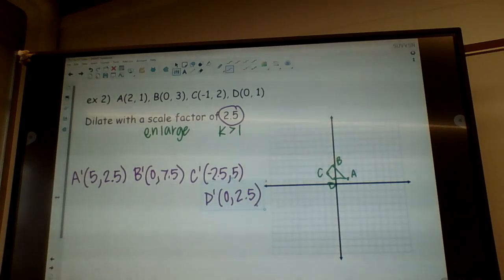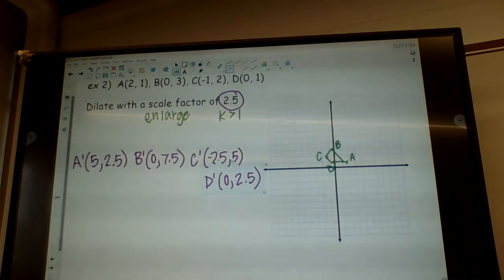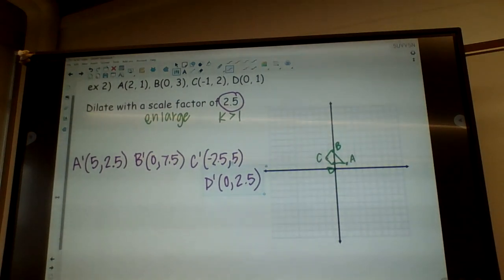So I multiplied them all by 2.5, and then we're going to graph them again. Now 2.5, obviously not the easiest thing to graph, we're just kind of estimating about where it is. Same thing, 7.5.